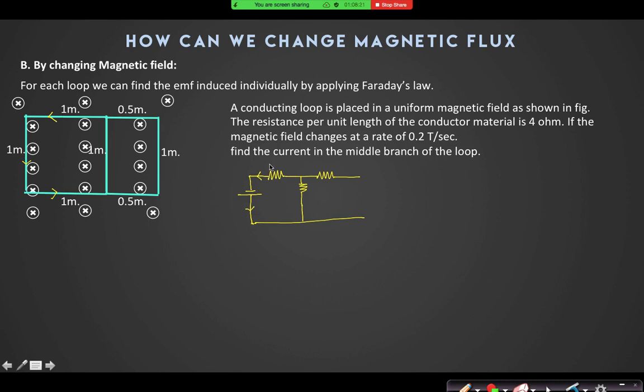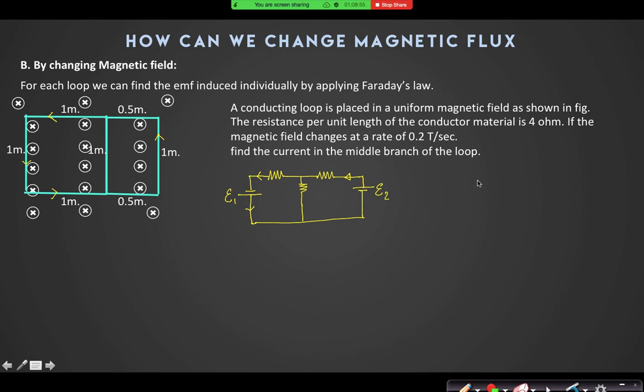For this loop, what is the direction of induced current? Again anti-clockwise. So for this loop, the EMF will be like this. These three resistances: I have not drawn an EMF here because this branch is connected with both the loops.